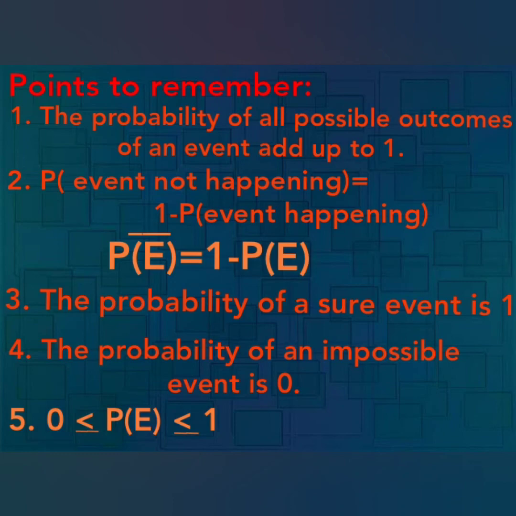Fourth one, the probability of an impossible event is 0. So the probability answer always lies between 0 and 1, that is 0 less than or equal to P of E less than or equal to 1.